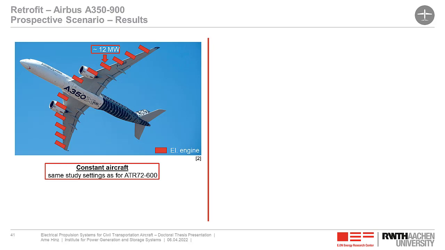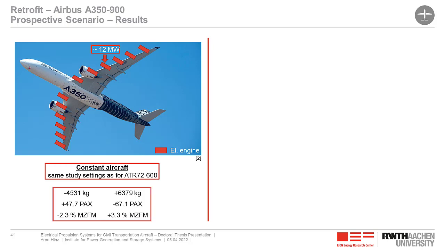We again assume a constant aircraft, and we will reduce the aircraft's weight in the best case by 4.5 tons, and in the worst case, we will increase the weight by 6.4 tons. So in one case, 48 passengers will step in additionally, and in the worst case, 67 passengers will have to step out.